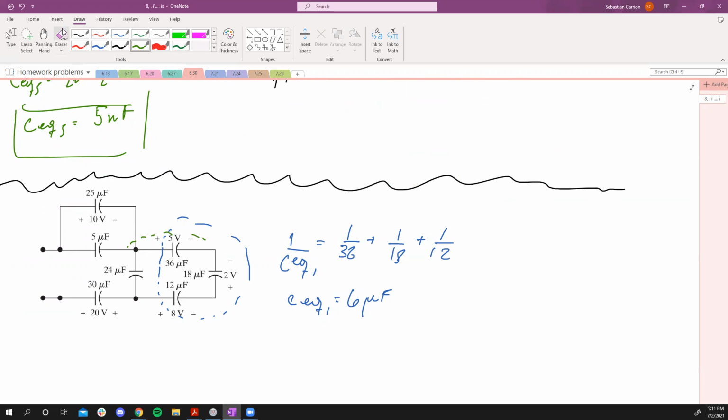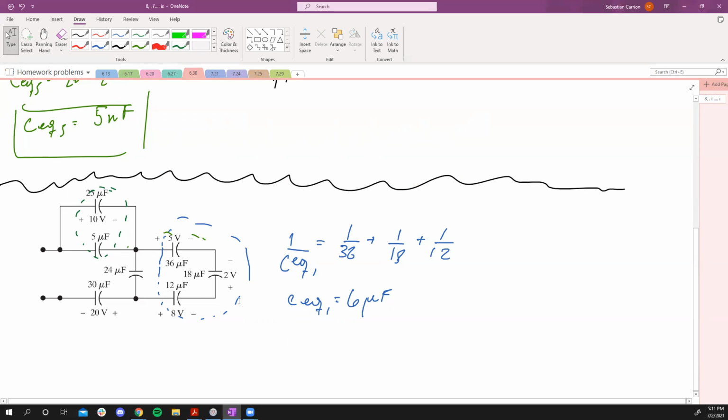Okay, so then you can actually start with this one. We take an equivalent and then take the next equivalent in series, right?